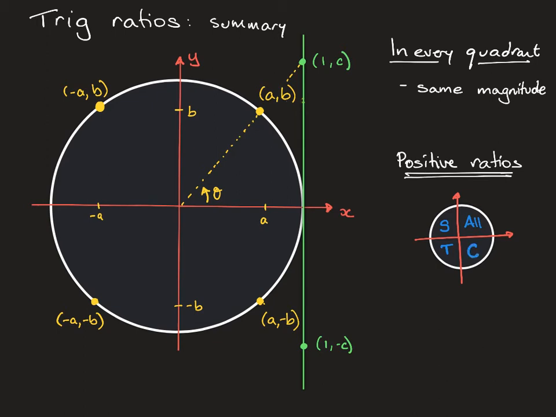And this little circle here is what most people use to remember which trig ratio is positive in which quadrant. And in fact, they don't use the word all, they'll just use the letter A. There's different mnemonics that you can use to remember this.